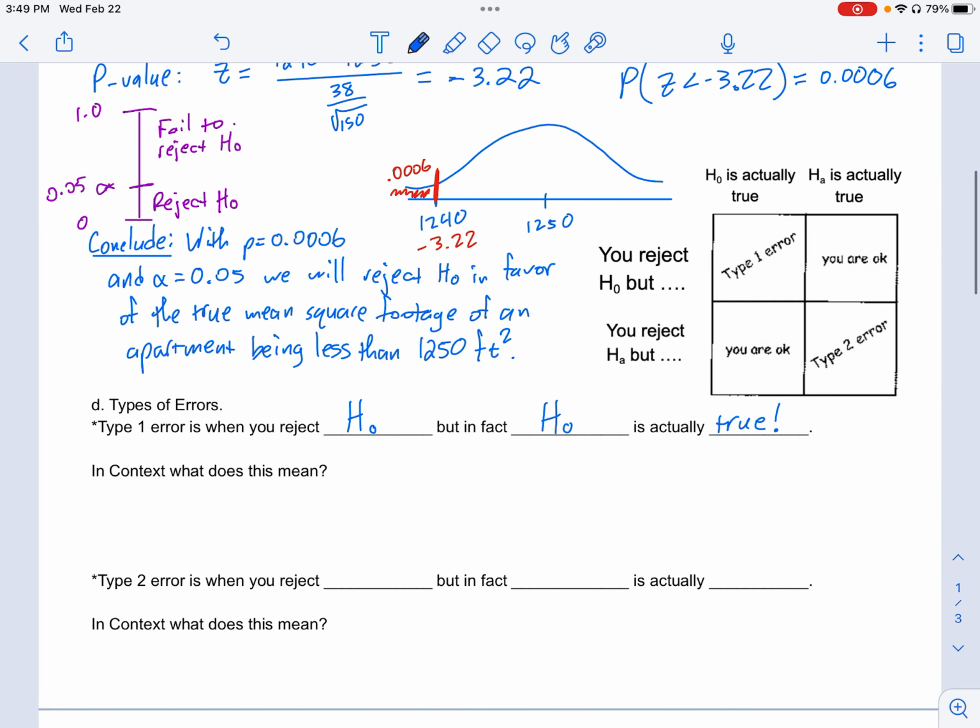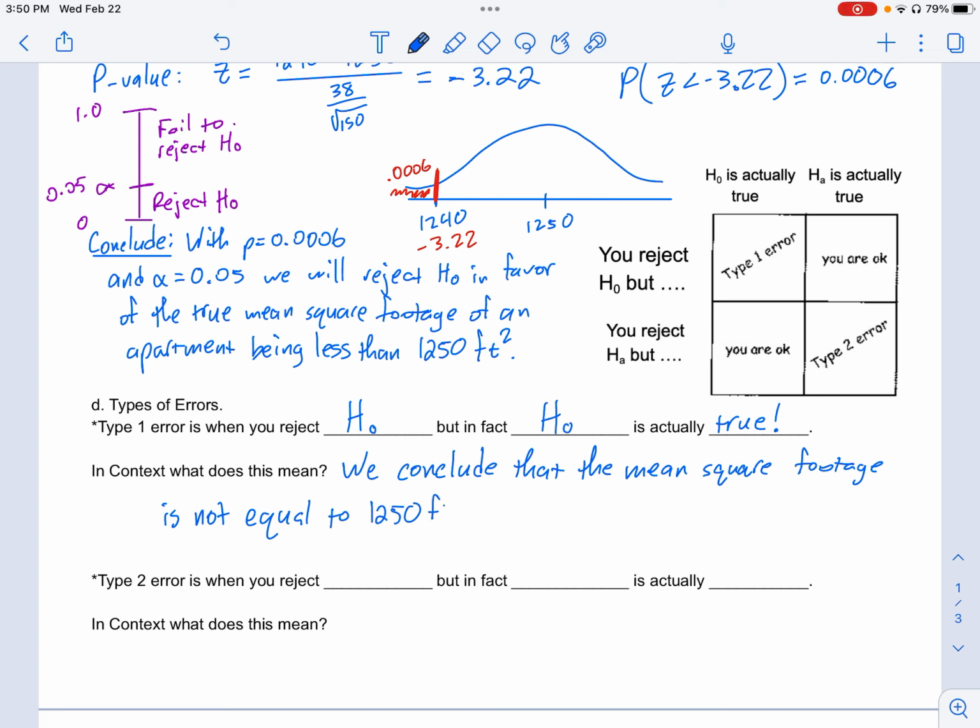For the question we just did, this would mean that we conclude the mean square footage of an apartment is not equal to 1,250 square feet, but it actually is equal to 1,250 square feet. And this would be bad. If you're this agency carrying out this study, you would publish this for everybody to see, but it would kind of be slander because it's not true. So that would be a type 1 error.